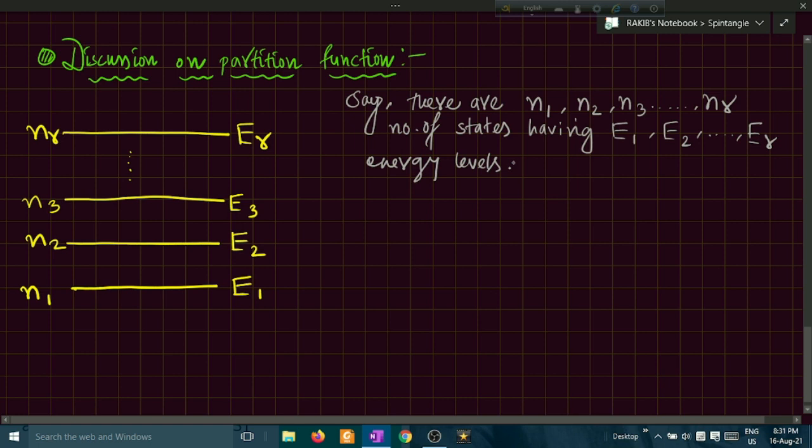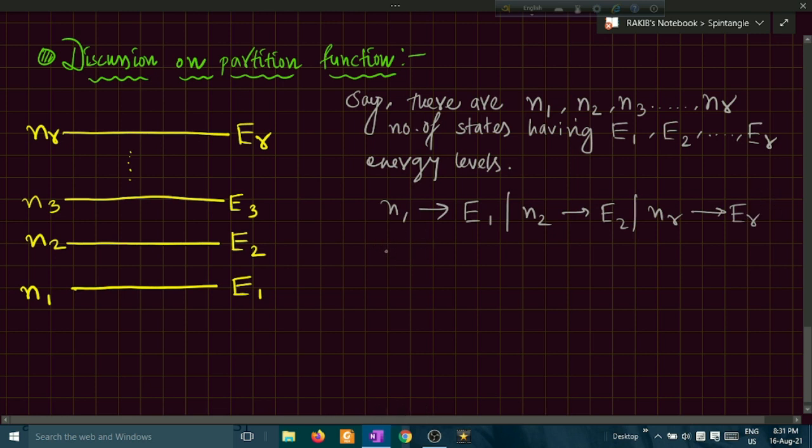Therefore, I'm writing that N1 states have energy E1, N2 states have energy E2, and so on, NR states have energy ER. This is the thing.